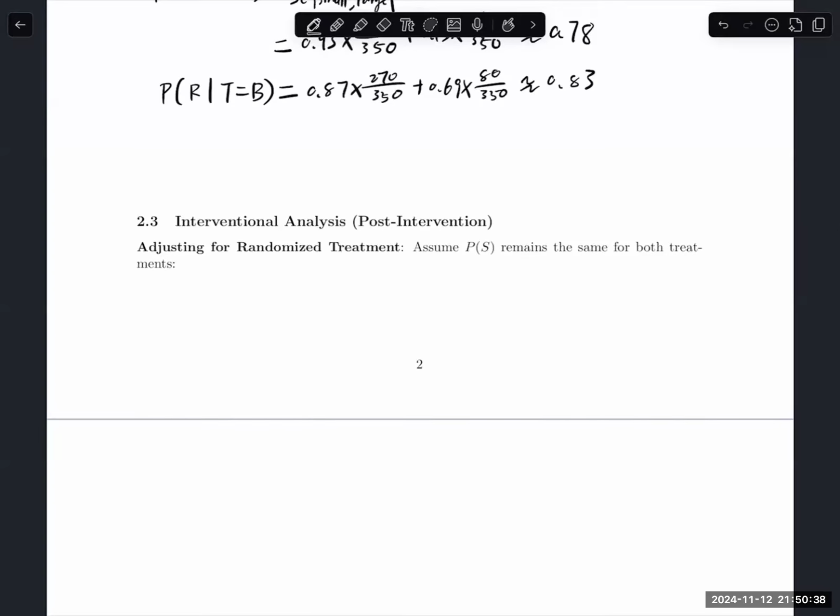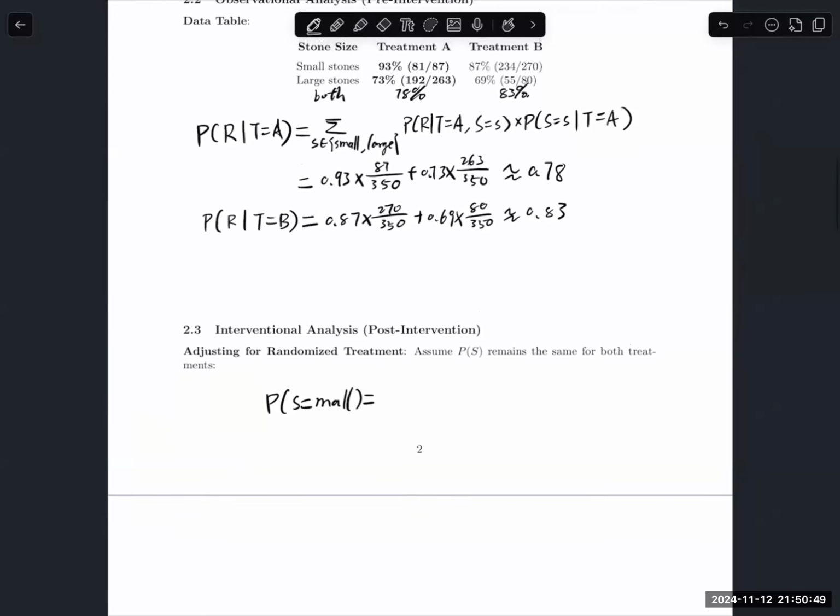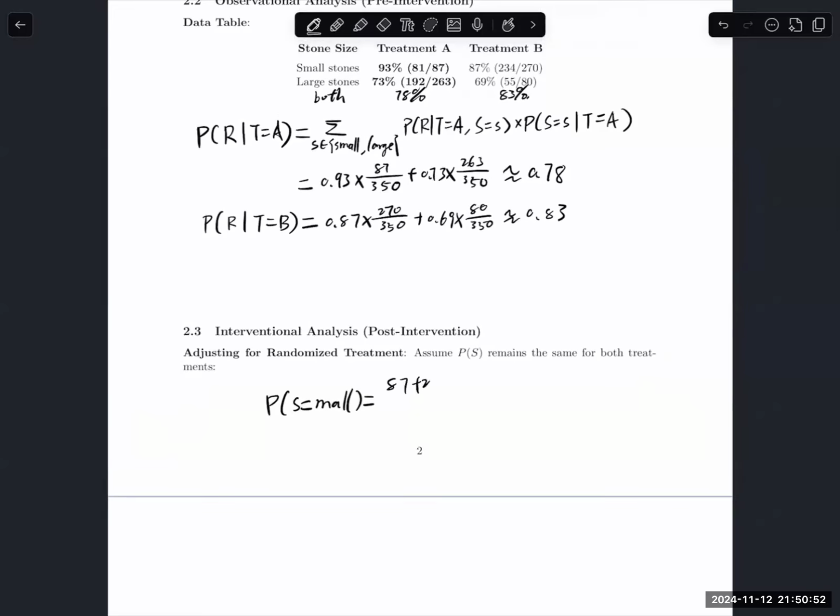So our marginal probability for the stone sizes: the probability of small will be 87 plus 270 divided by 700, which is the total patients in this experiment, so 357 divided by 700. And we have our probability of the large stone size, which is 263 plus 80 divided by 700, which is 343 divided by 700.